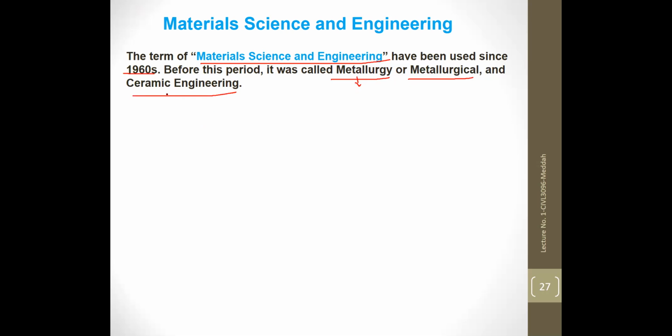Or they were using, of course, pottery and other ceramic materials, so they were saying ceramic engineering. By introducing polymers, the wording of metallurgy or ceramic engineering does not include all these sciences. So this is why they moved to the most generic and authentic wording, which is material science and engineering.